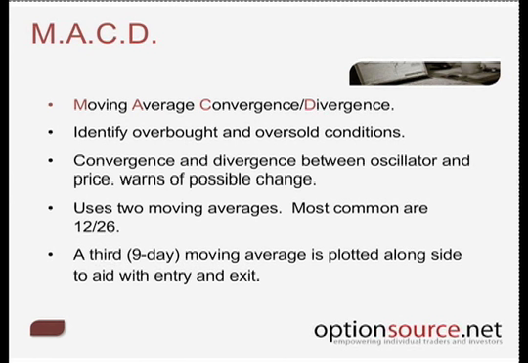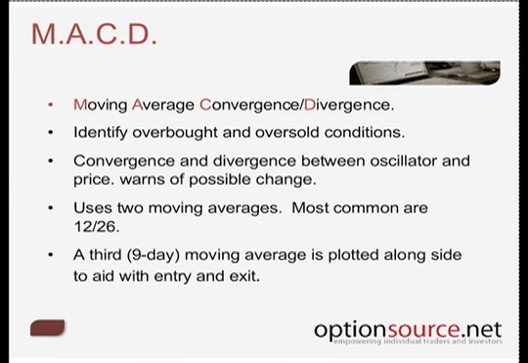And the idea is that it really looks to identify overbought and oversold conditions, as well as looking at convergence and divergence between different oscillators, which warns of possible changes. So we can use this tool as almost a contrarian indicator as well to give us a bit of a heads up before the trend even changes direction, that there's a slowdown in the strength of the trend, and that we may want to step away from the position and lock in some profits.